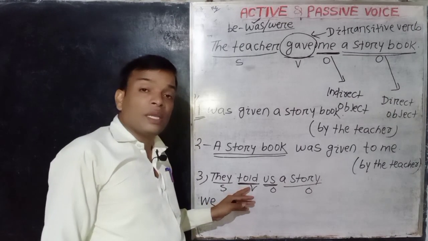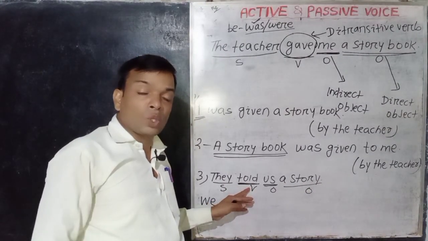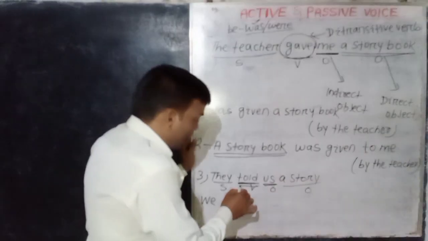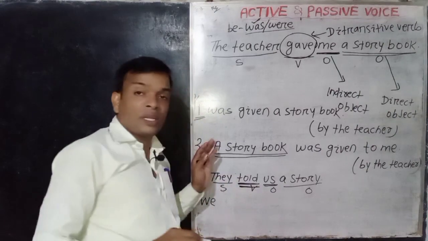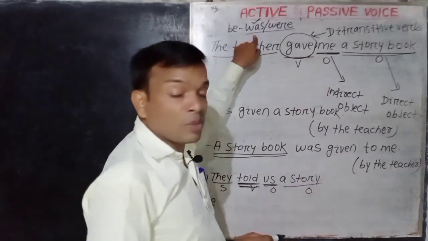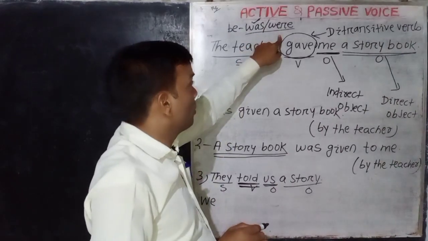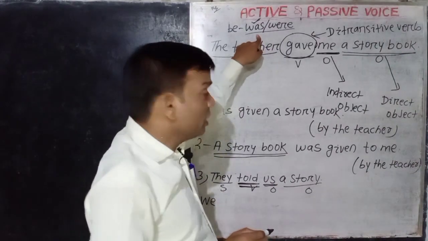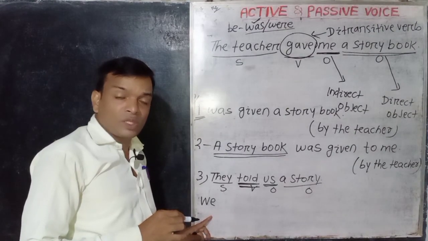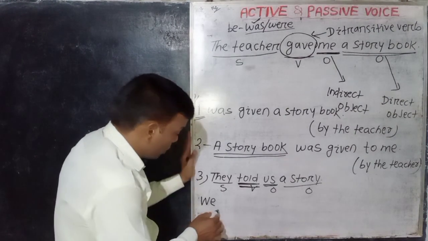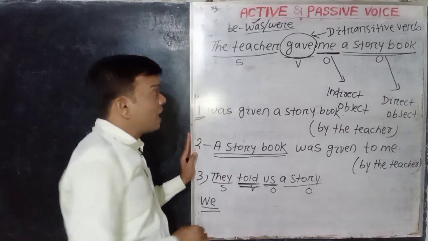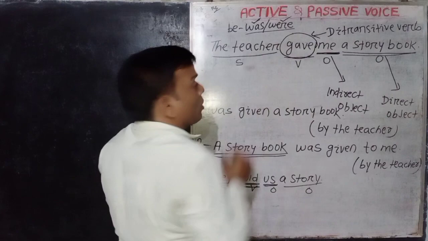Clear? So see here told is in your past tense form. See here there is no auxiliary verb, so you must write the appropriate form of a be verb. As this verb form told is in past tense or V2 form, so use the correct past tense form of the be verb, that is was or were. Which one will be used? It depends on the object or patient that comes in the subject position. As the patient or object is we in first person plural form, so always use the plural form, were.